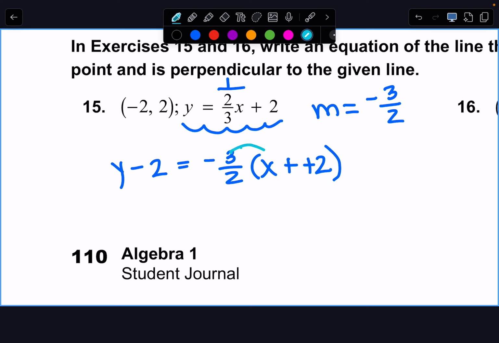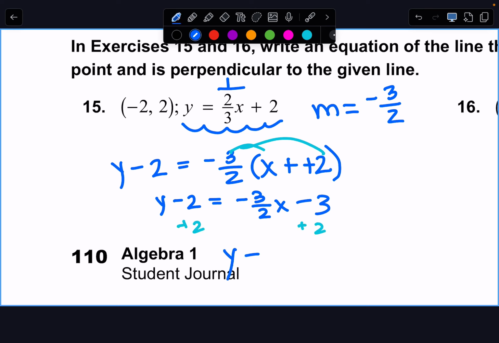So, we get y minus 2 is negative 3 halves x. What's negative 3 halves times 2? It should be minus 3, shouldn't it? Because negative times a positive is a negative. So then we add 2 to get y equals negative 3 halves x minus 1.